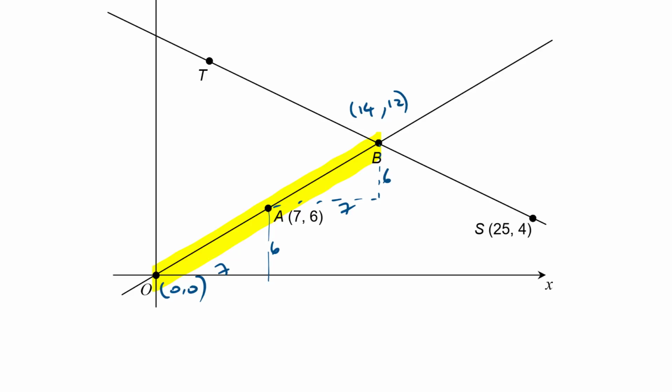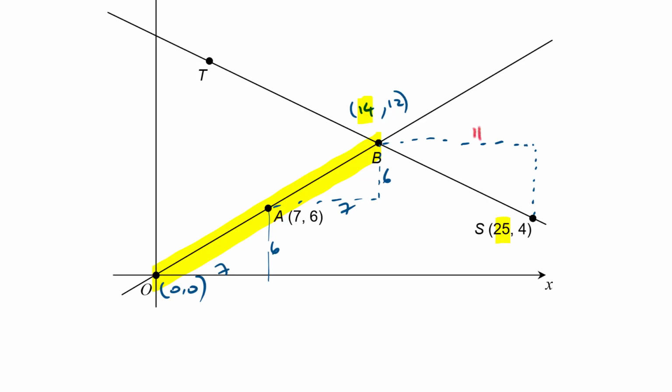Okay? Now let's do something similar from B to T. Let's first look at how far it is from S to B. So looking at their x coordinates, this one is 25 and this one is 14. That has a difference of 11, doesn't it?